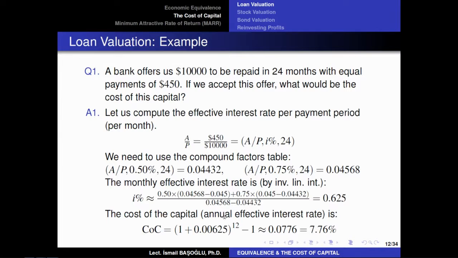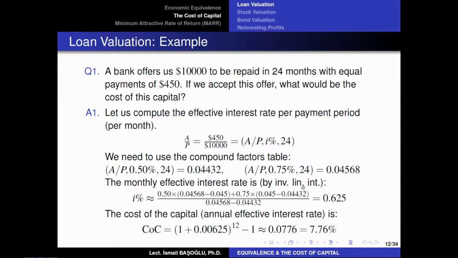Now, of course, remember, when we are talking about the cost of the capital, we are only thinking about the annual effective interest rate. The year is the time unit for the cost of the capital. So we cannot say that this percentage is the cost of the capital.